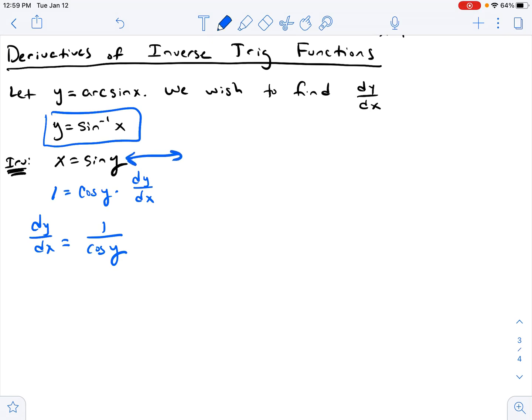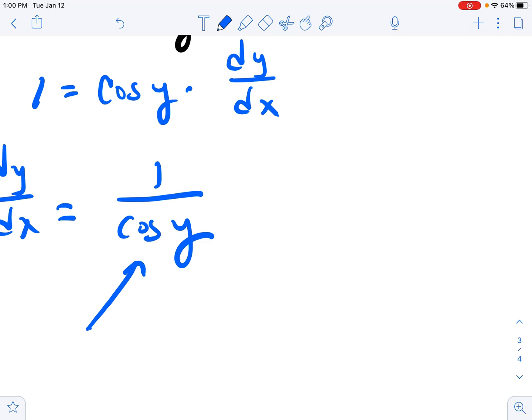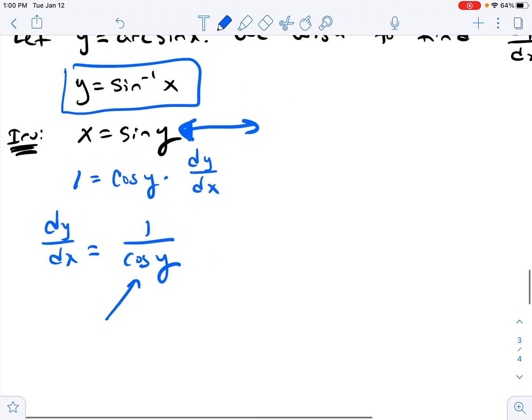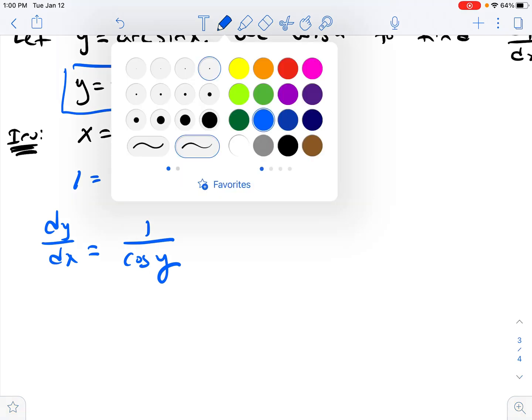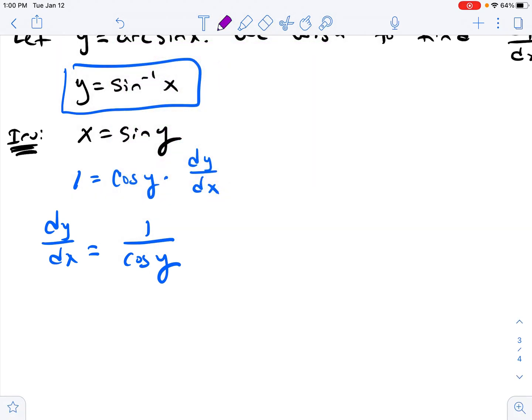Think about this. We have this little piece of information that x is equal to the sine of y. If I had a sine of y in my denominator, I could swap that out for the letter x. So I want to get an x in my denominator. To make that happen, I have to get a sine of y down there instead of a cosine of y. How can I make that happen? I can use a Pythagorean identity. Remember, cosine squared y plus sine squared y equals 1.